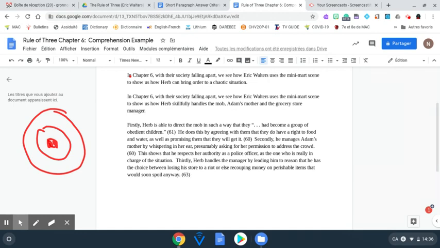So that's the what that happened, but didn't indicate what he did to do that. So we might have: Herb is able to direct the mob in such a way that they had become a group of obedient children. So great. We know the outcome. We know what happens as a result of Herb addressing the crowd, but we don't know how that happened. And that's where this sentence is so important, because it's showing how he actually accomplishes getting the crowd to behave like obedient children.